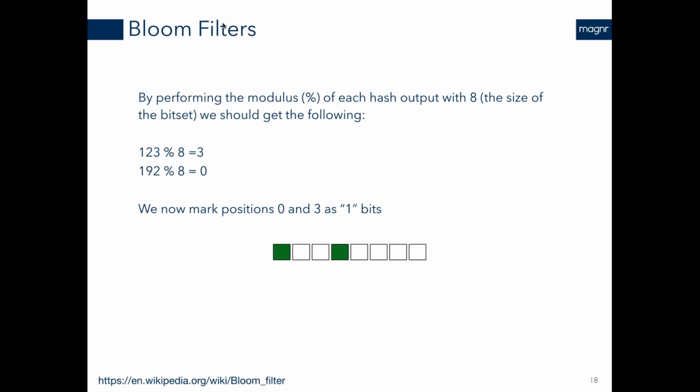So if we take the output 123 and modulus it with 8, we get 3, and 192 modulus 8 is 0. So we now mark positions 0 and 3 in our bit set as 1 bits. So our bit set becomes 1, 0, 0, 1, 0, 0, 0, 0. In this demonstration I've done it in pictures, so we've got a green marker in the 2 sections that are representing 1 bits or flipped on bits.